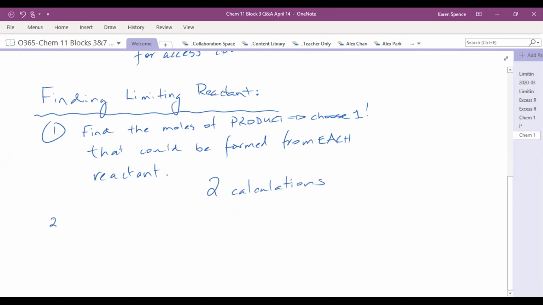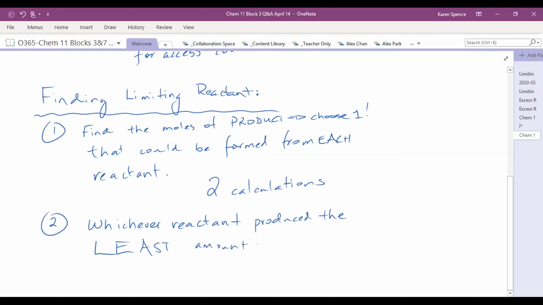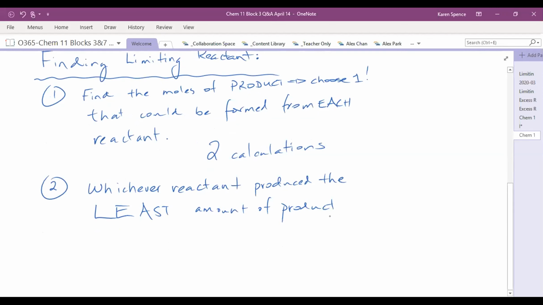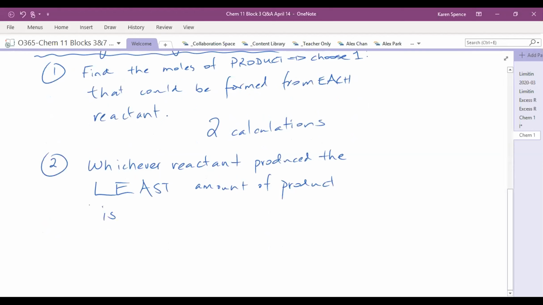Number 2, after you have found the moles of product, whichever reactant produced the least amount of product is the limiting reactant.